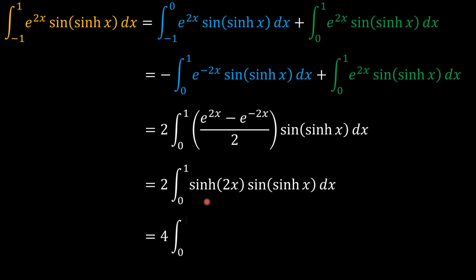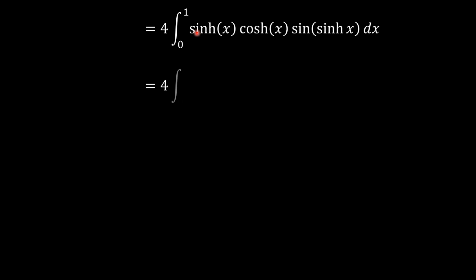Now expanding the hyperbolic sine of 2x amounts to twice hyperbolic sine of x, hyperbolic cosine of x, times obviously sine of the hyperbolic sine of x. The 2 and the 2 here becomes 4, obviously. That's where the 4 came from. So having arrived here, we can now do a couple of things.